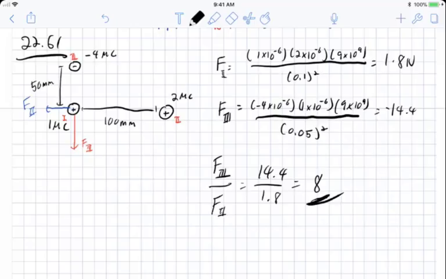Whoa, why is it a whole number? It's a whole number because when we compare these two formulas, we're using exactly the same formula to calculate it. So if you compare it, this one is a half this value, and because it's a half squared, this one is going to be 4 times bigger than that one.